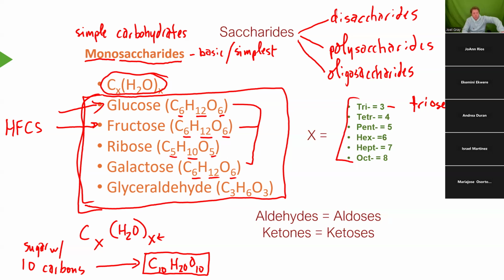It is a sugar with 3 carbons. Then let's go with heptose. You have 7 carbons. So heptose has a formula of C7H14O7. Now that formula you can use to go backwards and forwards.